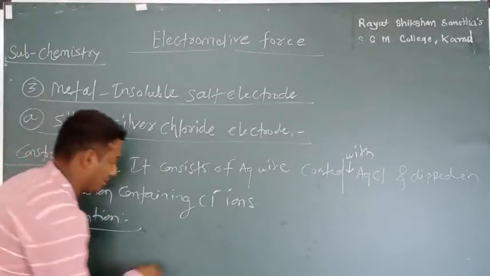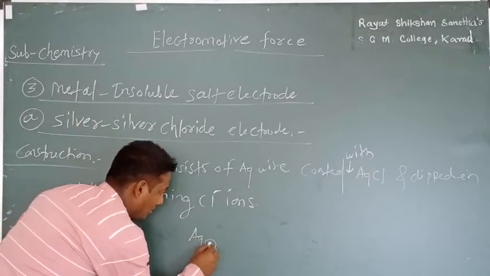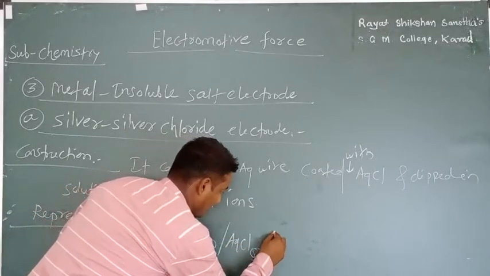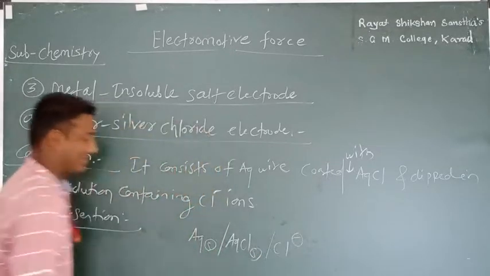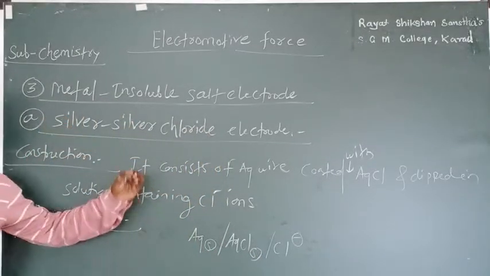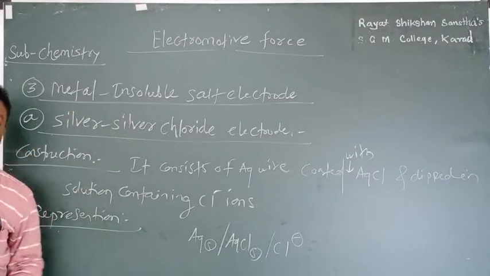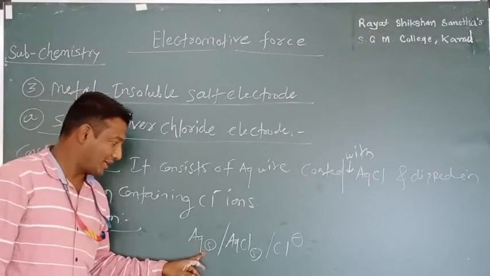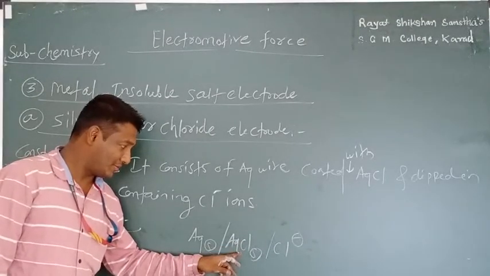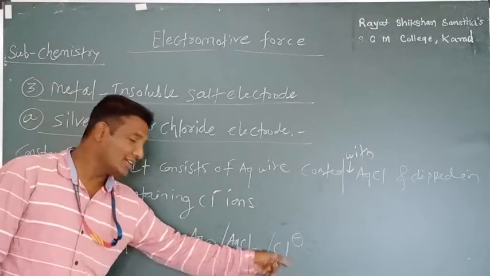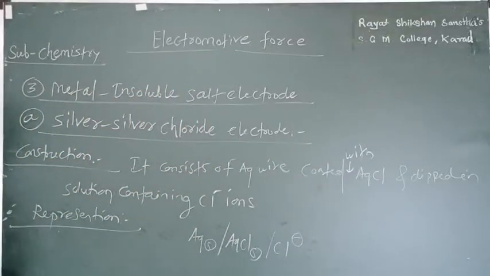Silver chloride, AgCl, Cl minus. This is a very simple way of representation of silver chloride electrode. This pure metal in contact with its sparingly soluble salt is dipped in a solution containing Cl minus ions.